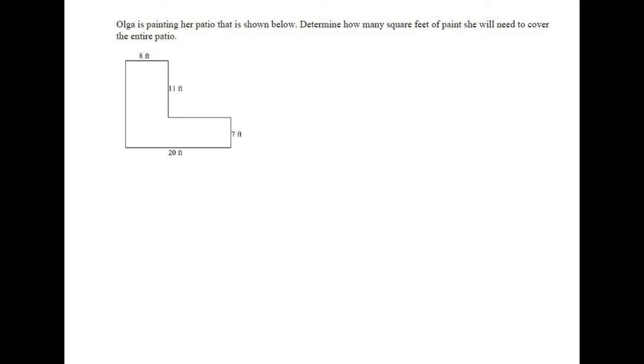Okay, so let's do the first one just because it's easier. And so if we cut it this way, I'm going to make this rectangle and this rectangle. And how did I know it was easier? I'll show you here in just a second.